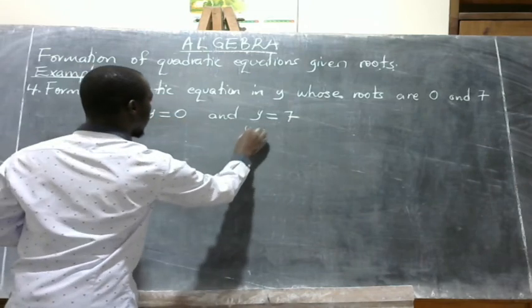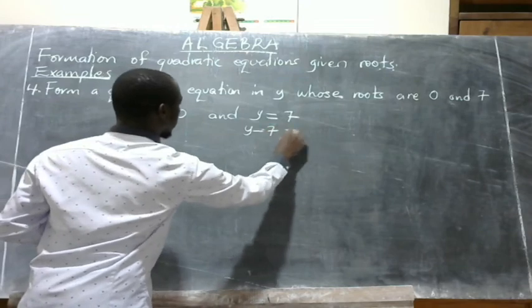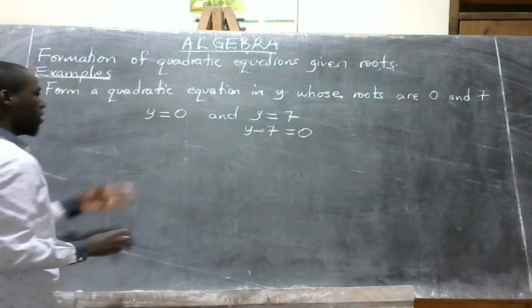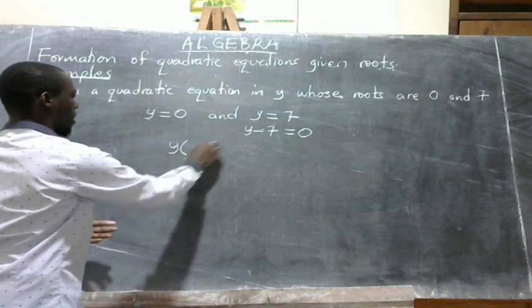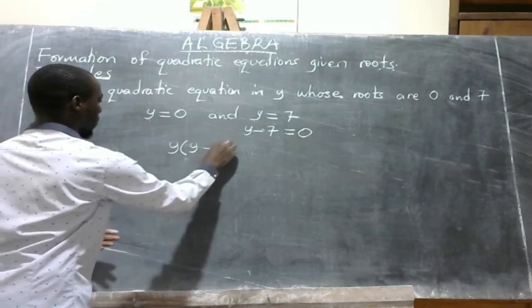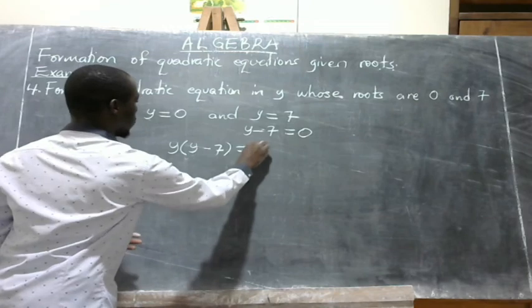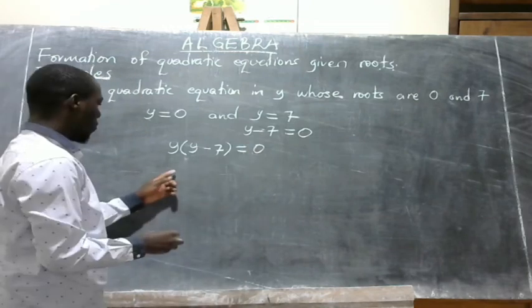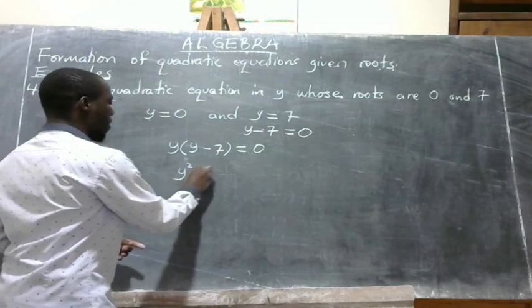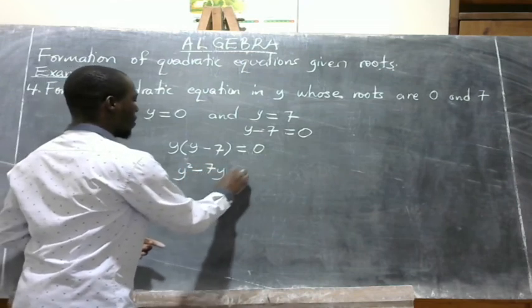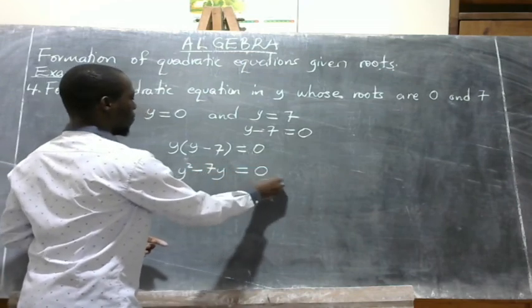Then here y minus 7 is equal to 0. In the next step, we get our y times the other one. Then we equate it to 0. When I open the bracket, this is going to be y squared minus 7y is equal to 0.